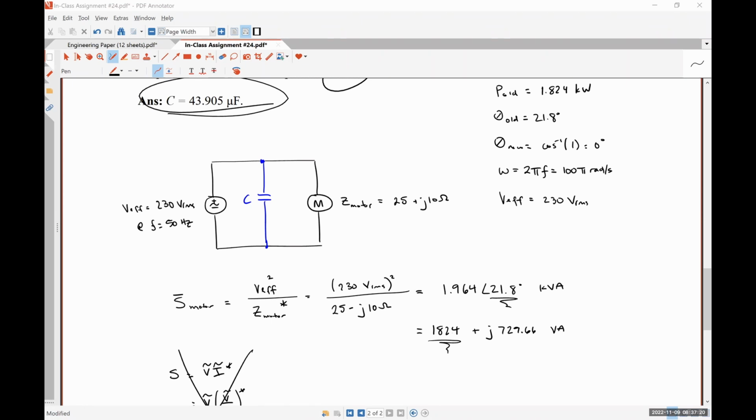Let me pull up web work here. So I believe this is homework set 24, and I believe it is the last problem. Let me double check to make sure.